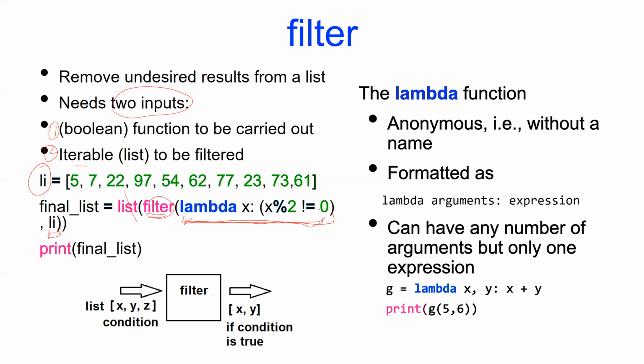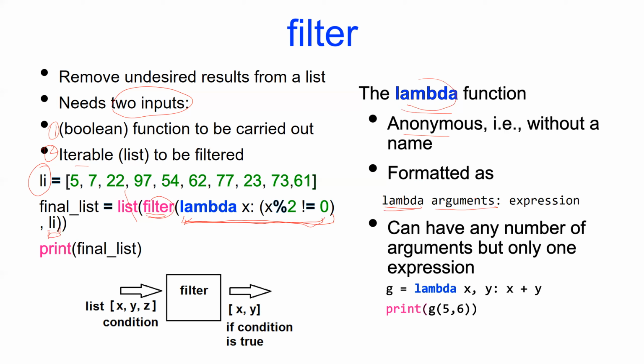So now let's look at what lambda tries to do. A lambda function is what we call an anonymous function, a function without a name. The format is to say you define lambda as a keyword, then you have the arguments.